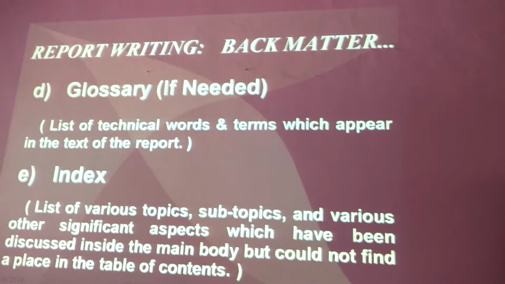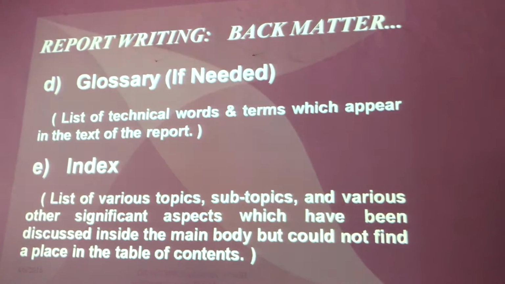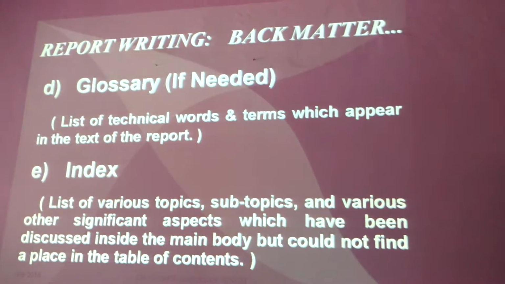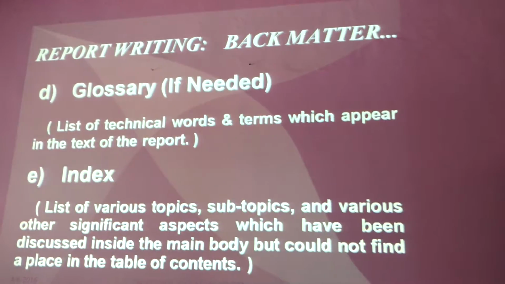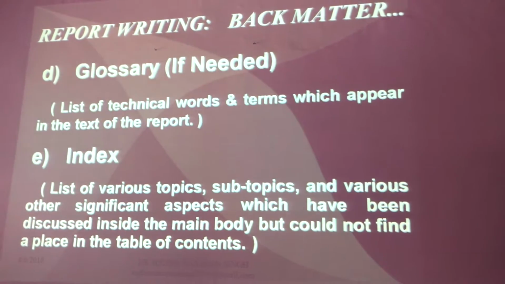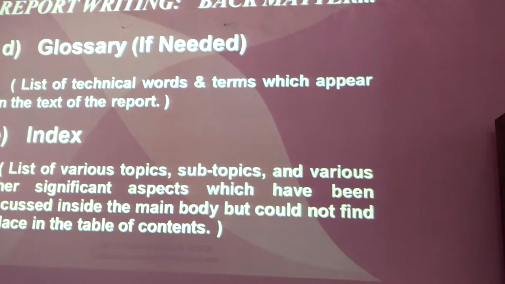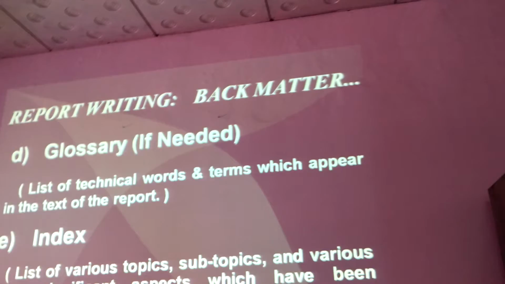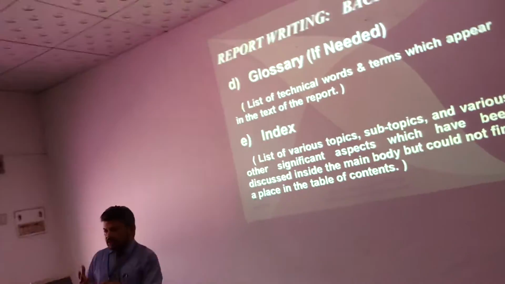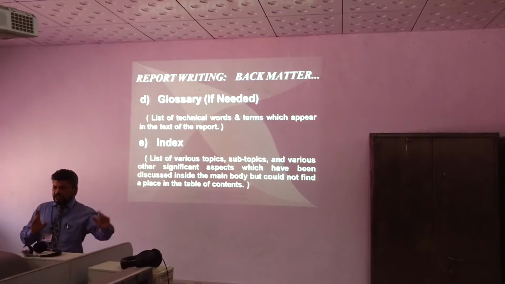Then back matter. After bibliography, the back matter starts. In back matter, what are the things we are supposed to maintain? First is glossary, if required. Glossary is the list of technical words and terminology which appear in the text of the report. Suppose that you have used some technical word like ICT, Information and Communication Technology.